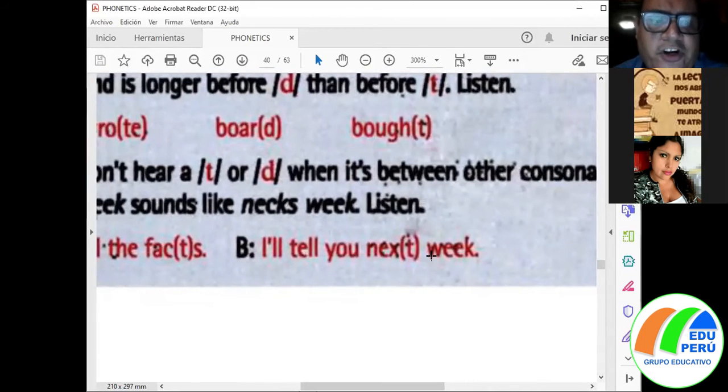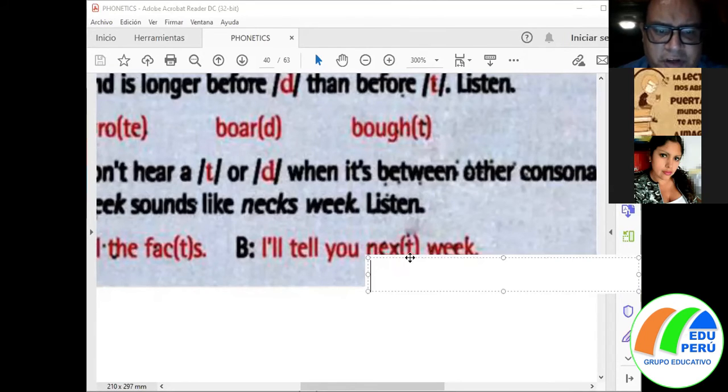Here, the word next. Notice here, next week. So notice how many sounds we have. We have two words, and we are going to connect these two words, and we're going to have four consonant sounds.